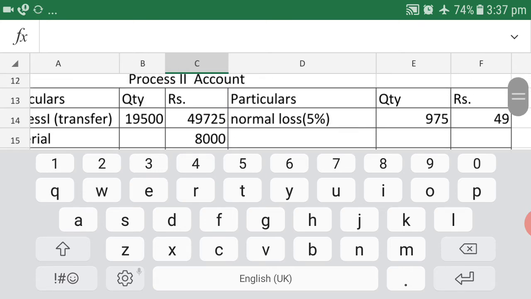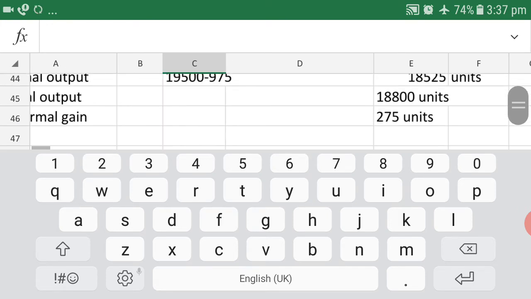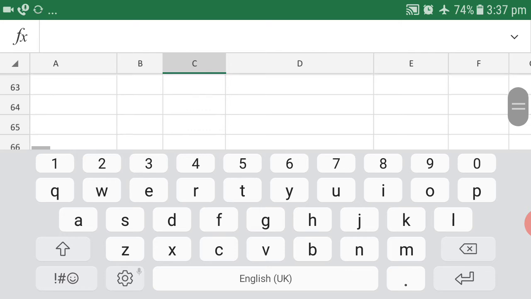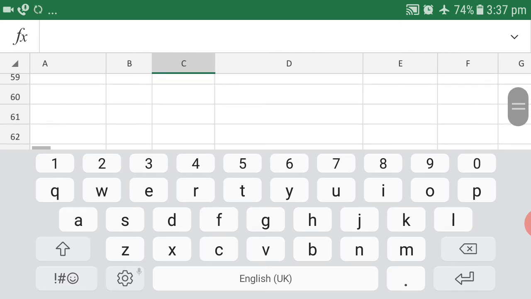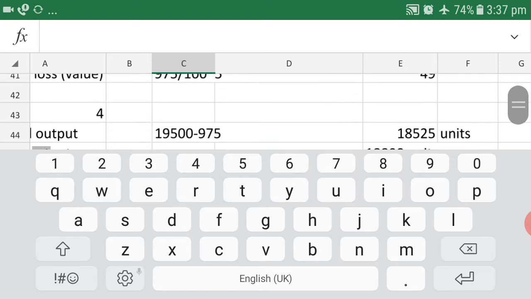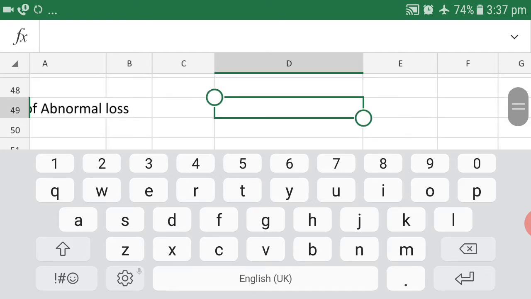Let's see the credit side total, 49. Total cost is the total debit side amount minus the total credit side amount.